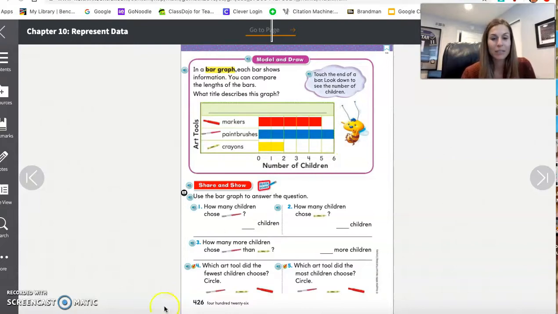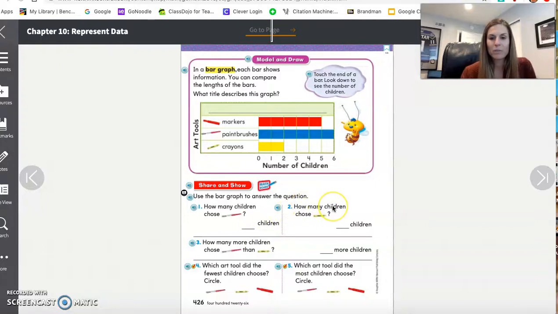So number 1, how many children chose paintbrushes? Well, look up here, go to the end of that bar. What number do you see? You said 6. You are right. 6 children have paintbrushes. Can you please make sure you write that right here?